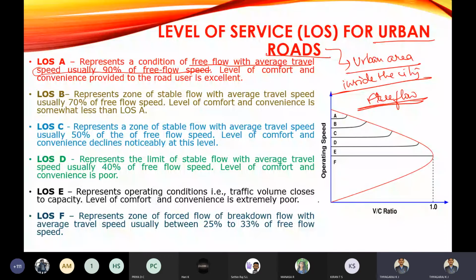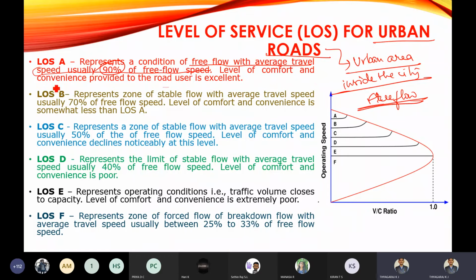We can't say the road is completely empty, there will be some vehicles on the road. That's why they considered 90% of the speed, not 100%. That is the average travel speed, usually 90% of the free flow speed.